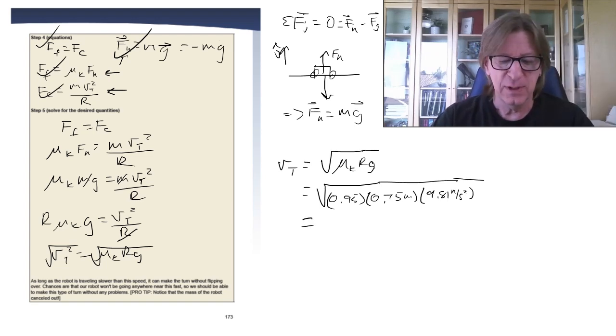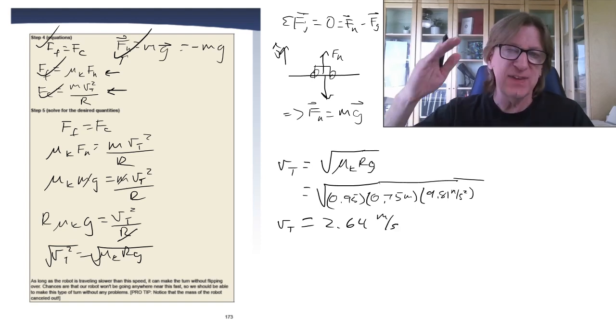So pick up your calculator, and we get 0.95 times 0.75 times 9.81. And then don't forget to take the square root. And so we get that the tangential velocity needed to keep the robot from flipping is 2.64 meters per second.